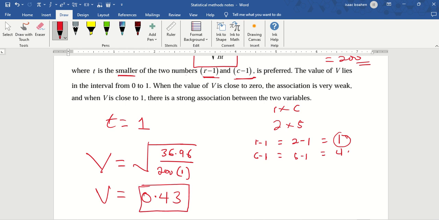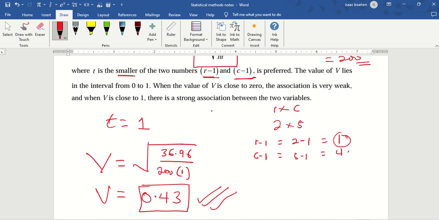So what do we say about this value? Looking at the value, it is closer to 0 than to 1. So it will not be a strong relationship, but 0.43 is also somehow closer to 0.5.